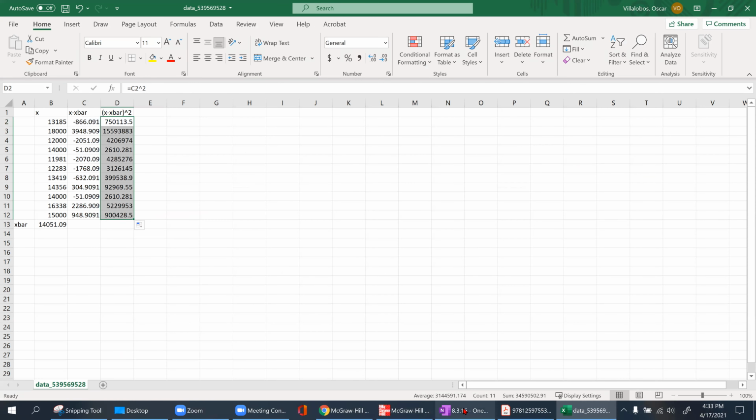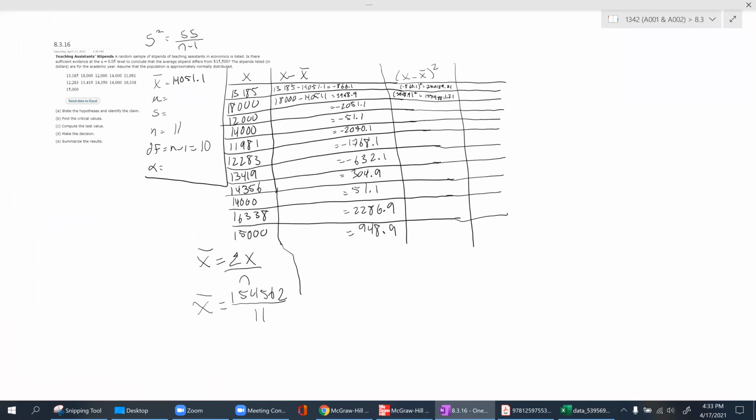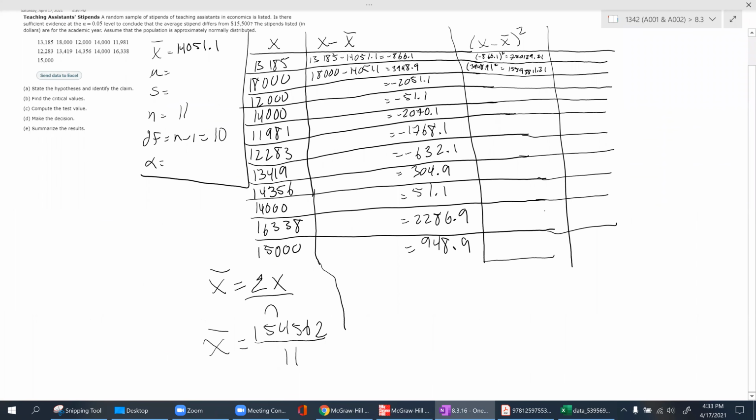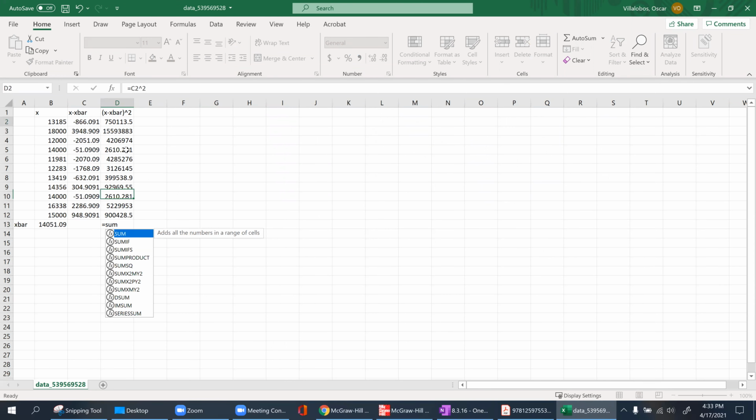One thing we had mentioned is once you get all these squared values filled in, you sum up that entire column. That is also known as your sum of squares value, your SS. So let's sum all of this here.